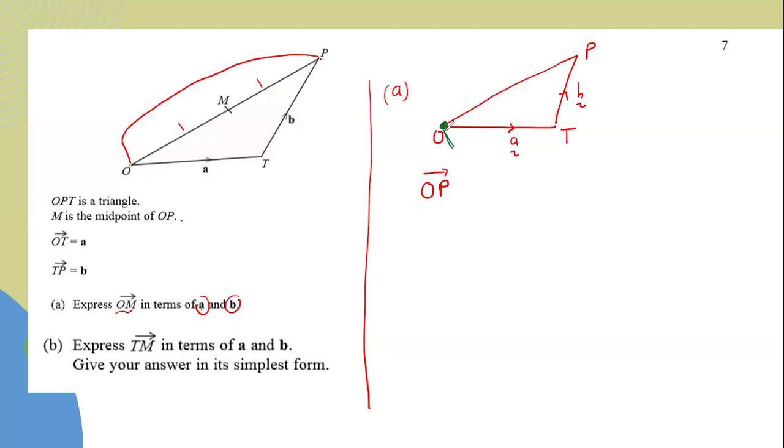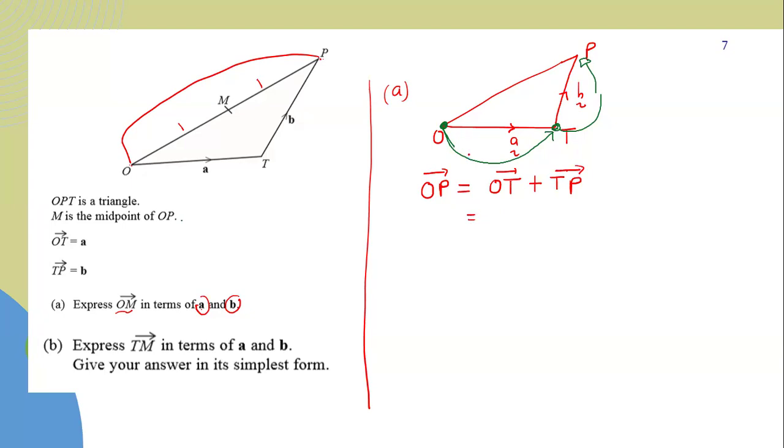So I can move like this, which is O to T. Then from T, where I am now, I'm going to move to P, like that. So I say plus T to P. Now that is my movement.